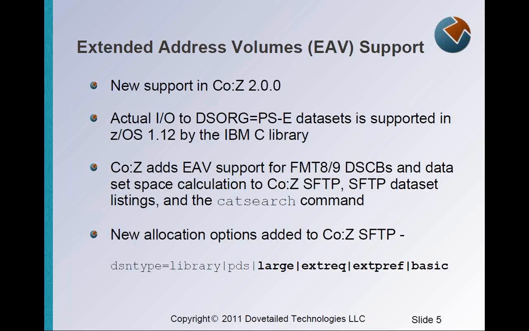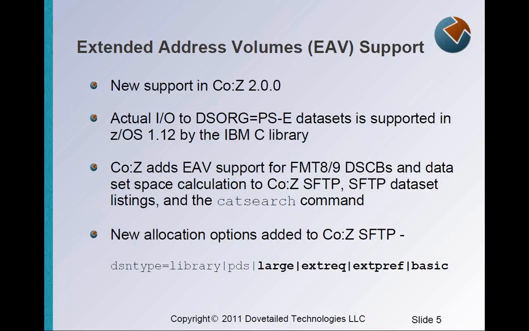But what it doesn't do is we have z/OS specific code that does some things like calculates the space or makes an estimate of the space used by a data set for transfer purposes. And also we have support for listing data sets in a style like ISPF 3.4. You can use Cozy SFTP to list the data set attributes, and that makes estimates of this stuff.